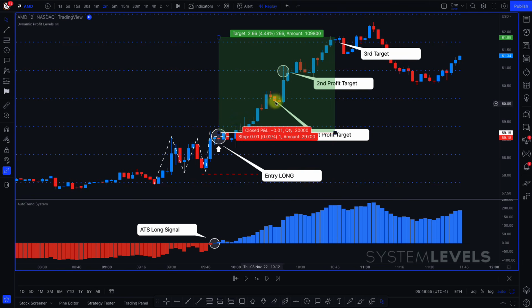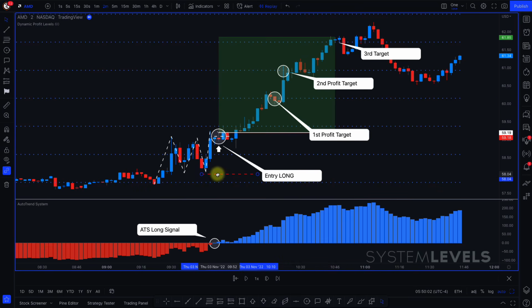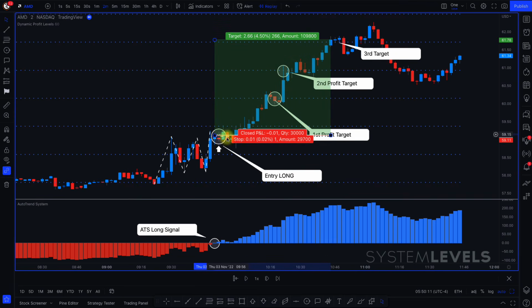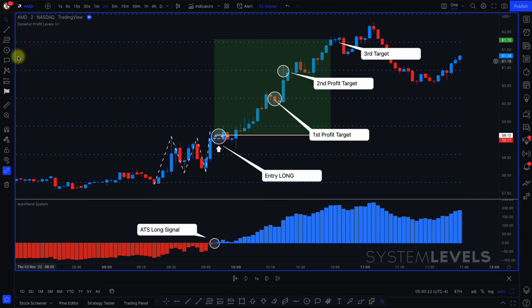When we reach the first profit target, so here, then we moved the stop loss from down here all the way up to break even. So at that point we had eliminated the risk from that trade, and then we simply held the other 2/3 of our position for the second and third dynamic profit level targets, which were both hit shortly afterwards.